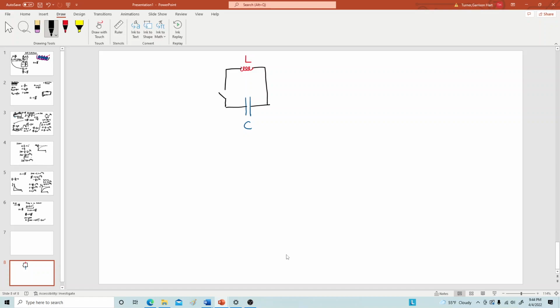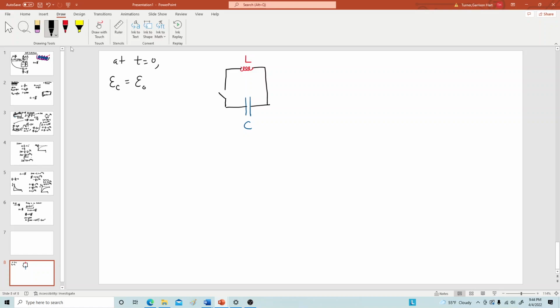Now suppose we have a circuit that is composed of a capacitor and an inductor, and let's imagine that we have an open switch. Let's let at time equals 0 the potential across the capacitor be equal to some set value.